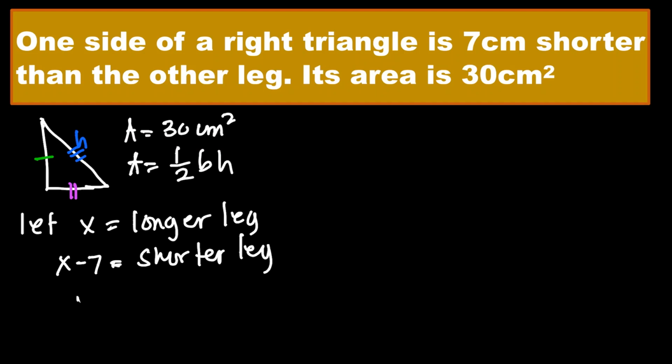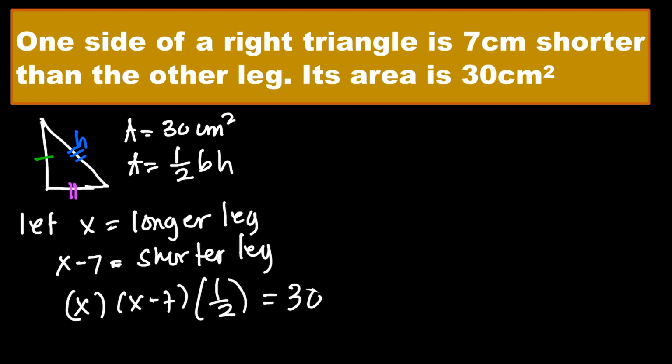So this will give us x times x minus 7 times 1/2 equals 30. All right, so we can actually multiply both sides by 2, so that we get rid of the denominator here.